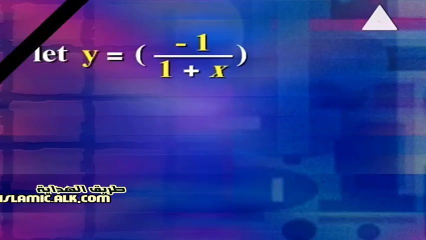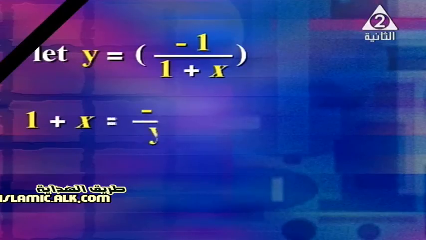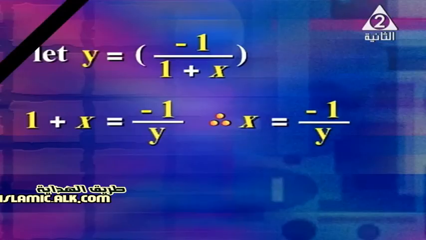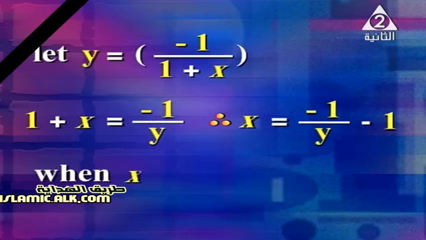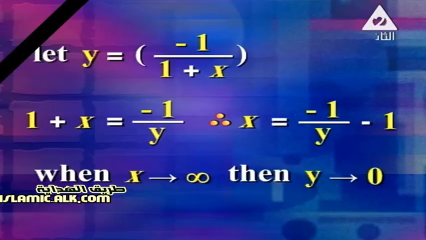Let y equals negative 1 over 1 plus x. Then 1 plus x by cross multiplication equals negative 1 over y. Then x equals negative 1 over y minus 1. When x tends to infinity, y tends to 0.